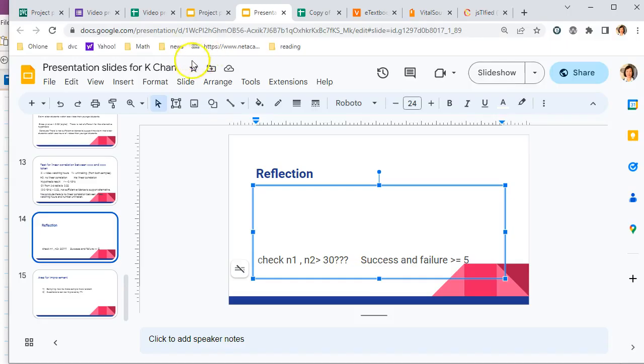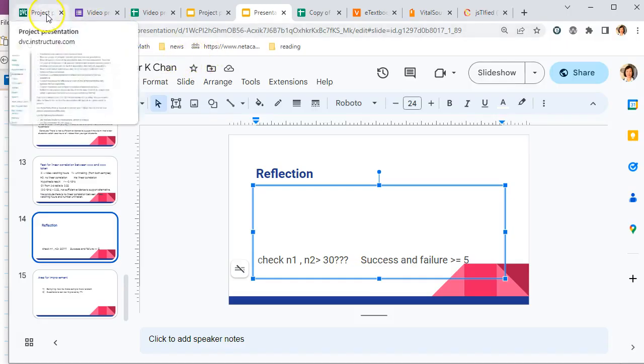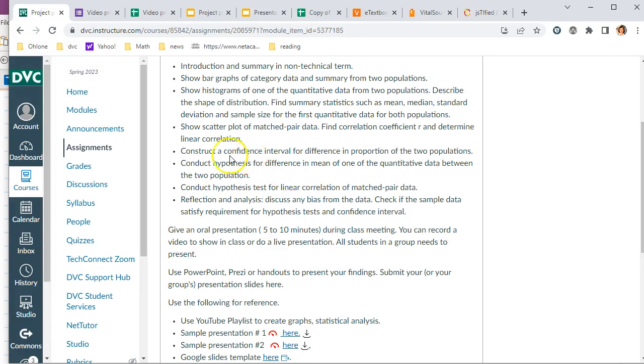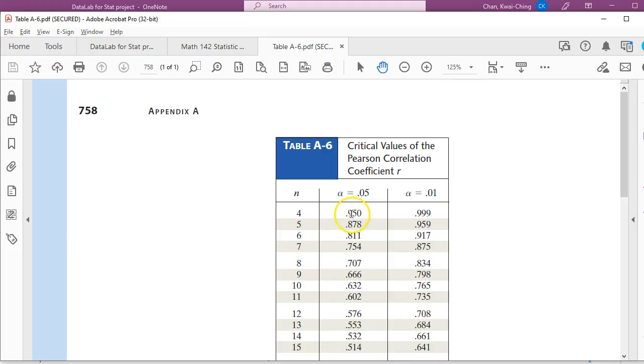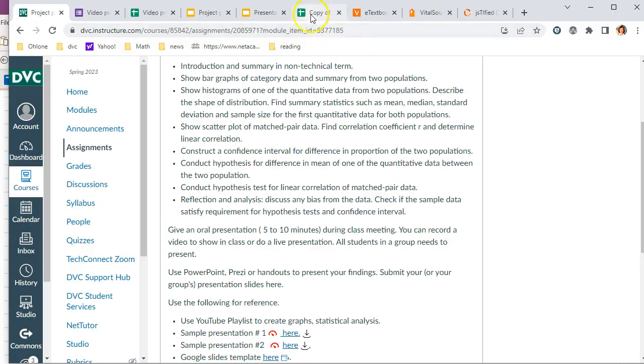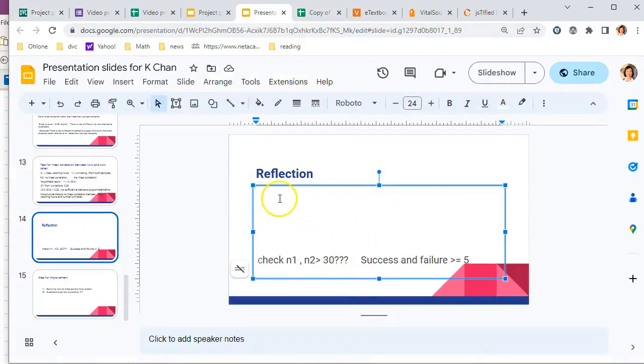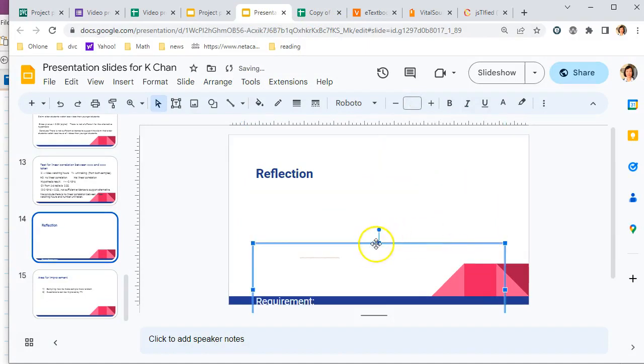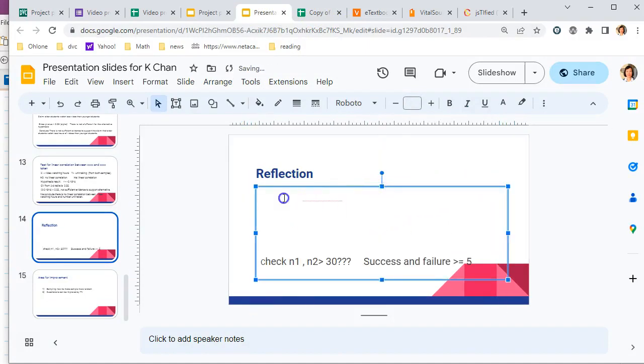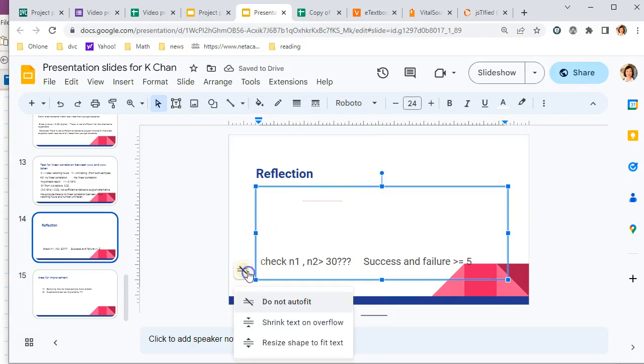If we look back at our project, we did the 3 things, and the last thing we want to do is the reflection analysis, discussing any bias from the data, etc. Those I leave up to you. The topics that you want to talk about is what's going on.